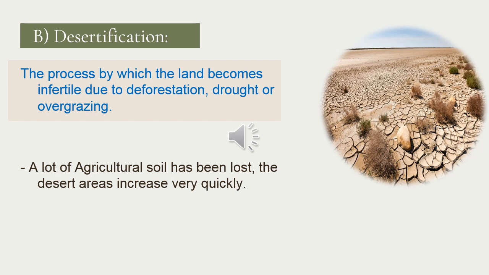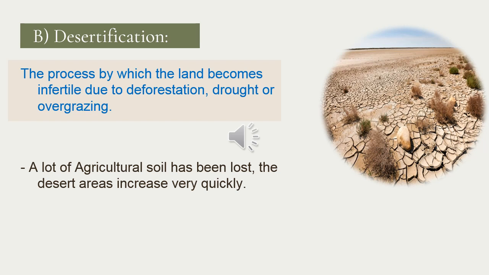If you have an area which is fertile and the climate becomes very dry and the weather becomes very hot, this converts this land into infertile land.